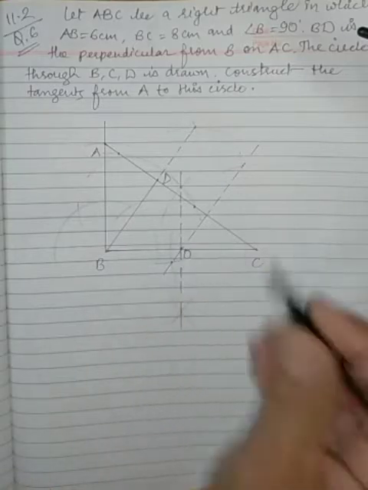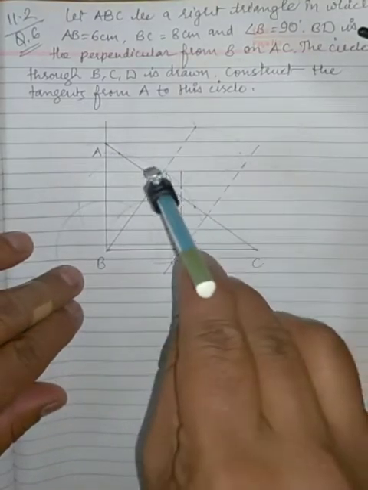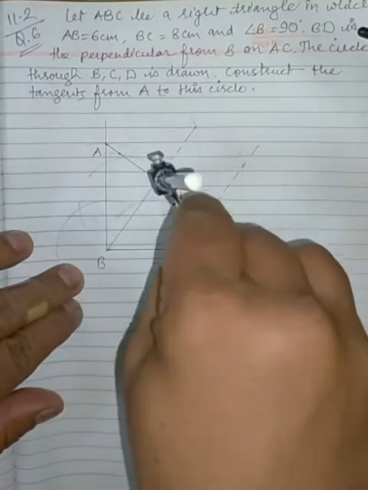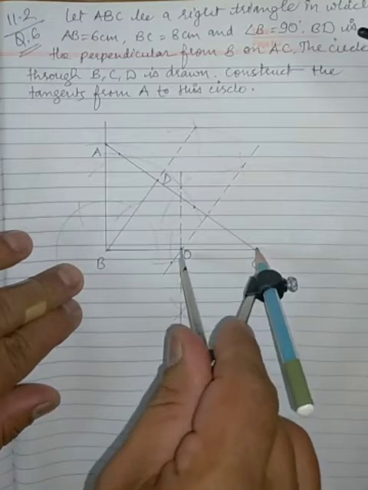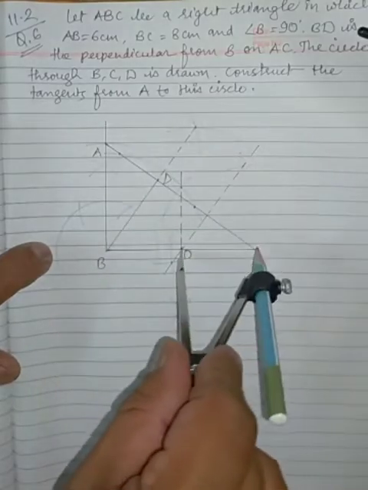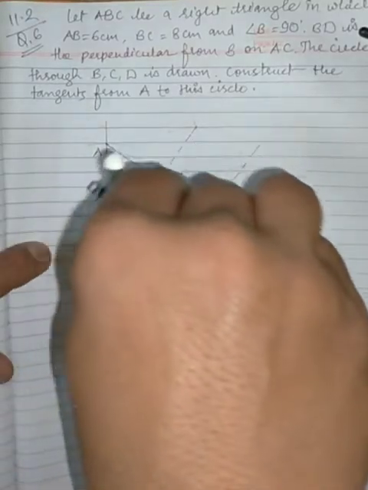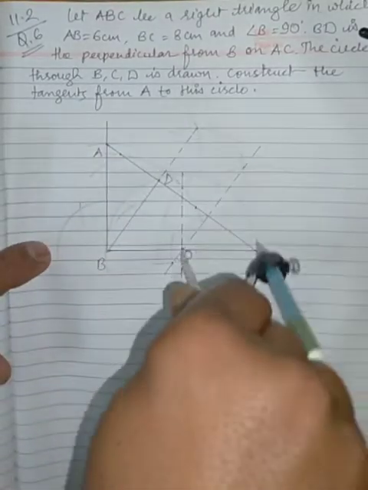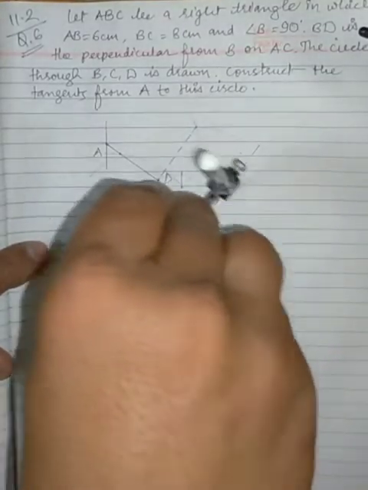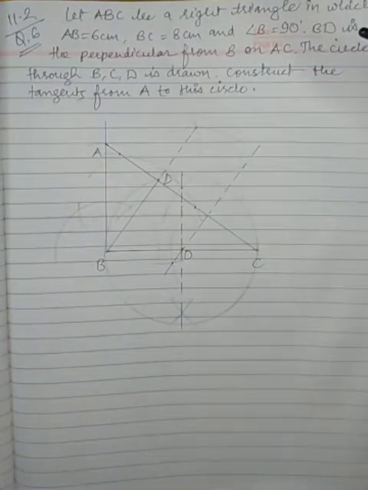Let this point be O. Now, we have to make sure that this point O is equidistant from B, D and C. Okay, so if we are sure that this point O is equidistant from C, D and B, so now we can construct our circle which is passing through all the 3 points B, C and D. Okay.